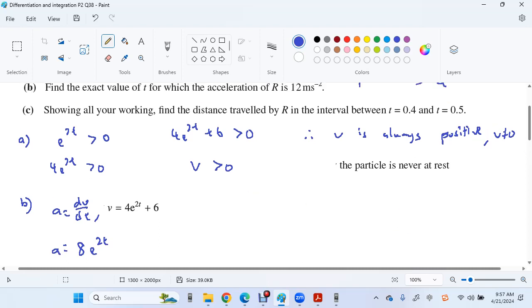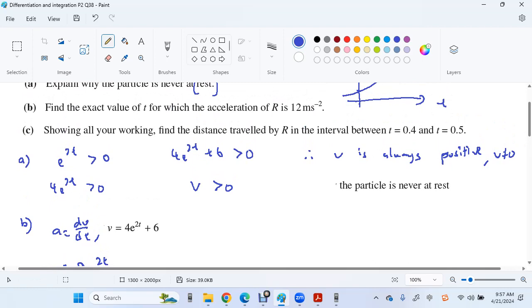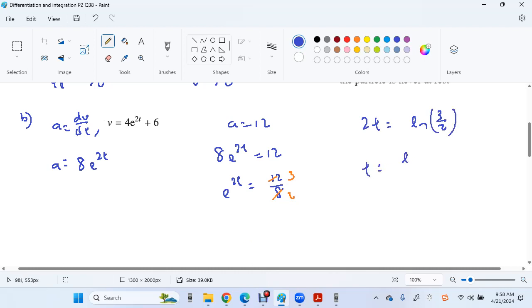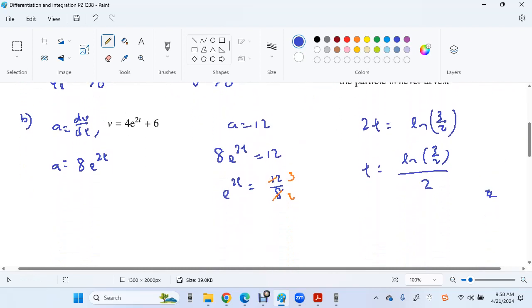The question wants us to find the exact time for a equal to 12. So 8e^2t equals 12, e^2t equals 12 over 8, so we have 3 over 2 here. Then we take ln of both sides. So we have 2t equal to ln 3 over 2. Then t will be ln(3/2) over 2. Okay, so this is the final answer.